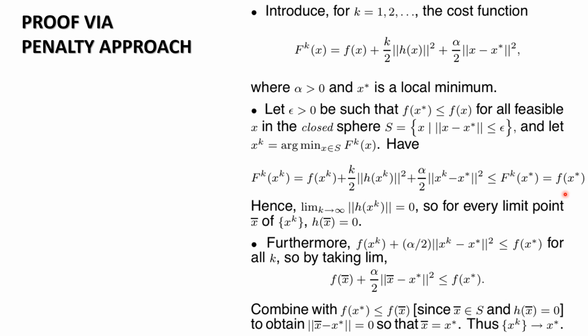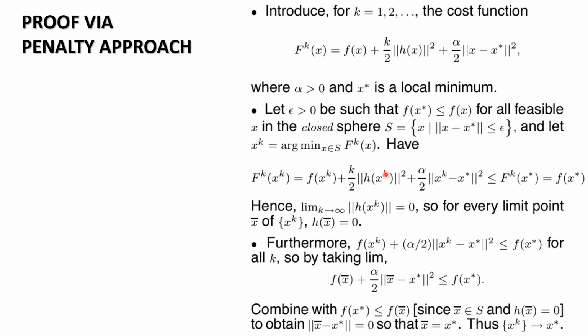This holds because x_k is from the set S, and x star from S is feasible, so we can tell that f_k(x star) is equal to f(x star) plus 0 plus 0.